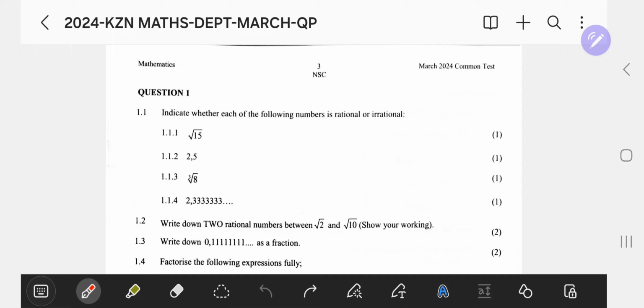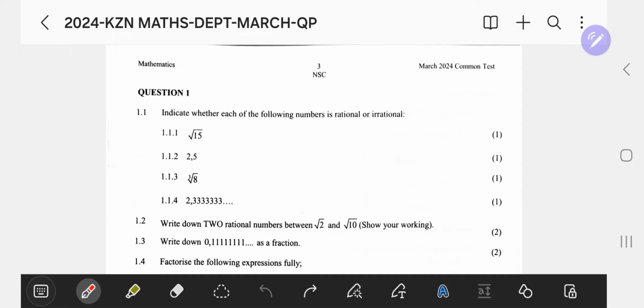And 1.1 says indicate whether each of the following numbers is rational or irrational. Now grade 10s, the first thing you were introduced to for algebra was the number system. And in the number system, you learned all the different kinds of numbers that exist, and two important types that you learned about was rational numbers and irrational numbers.